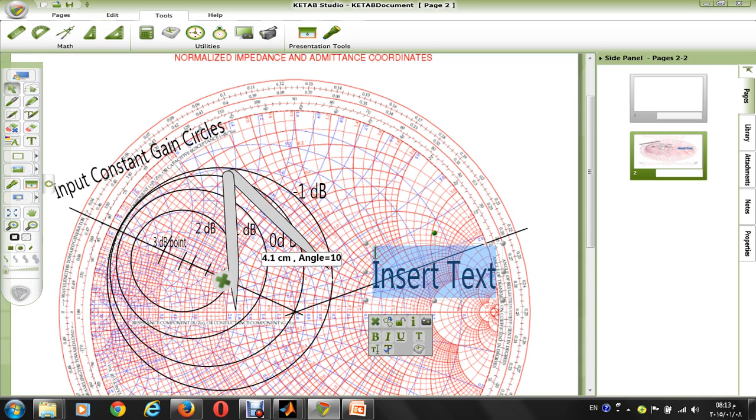And here is the 1.3 dB point. Okay, here, this is fine.